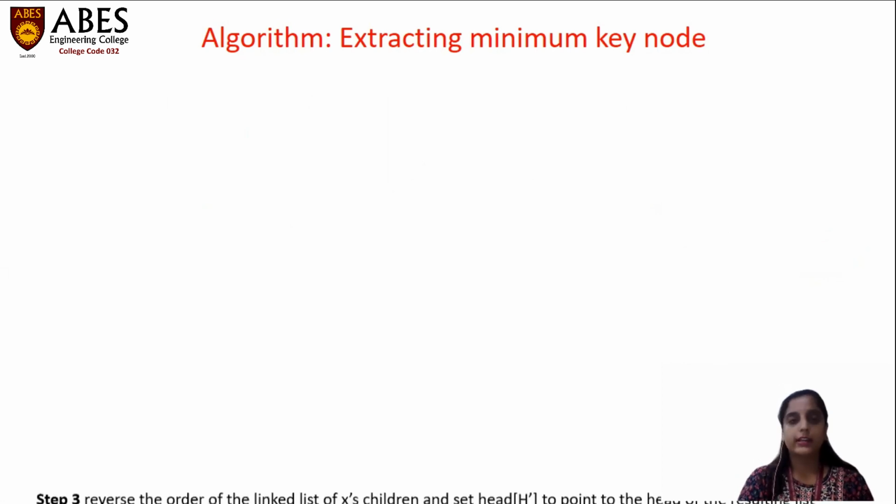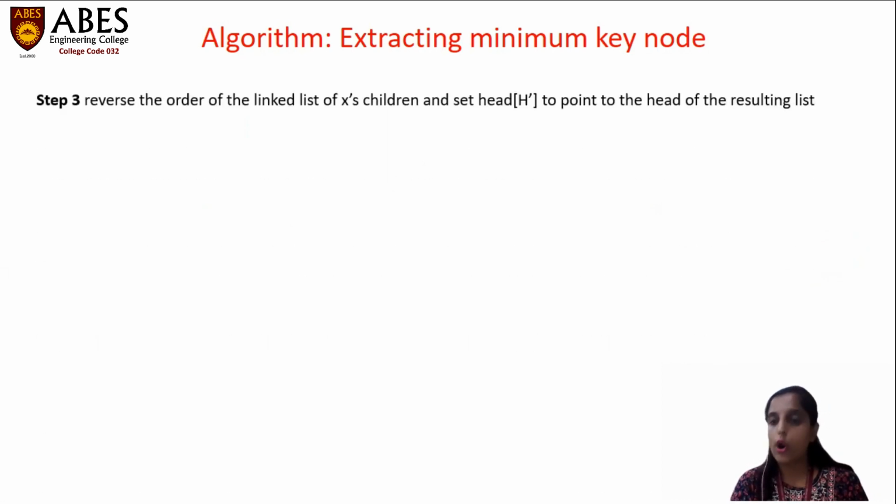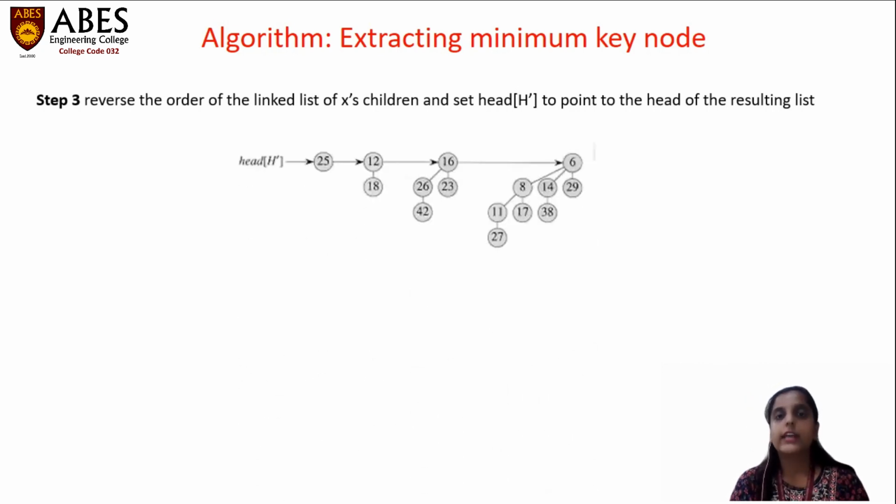So it is saying reverse the order of the linked list of x's children and set h dash to point to the head of the resulting list. I hope this statement is very clear to you. You just have to set another binomial heap head pointer, which is pointing towards the children of x in the reverse order.